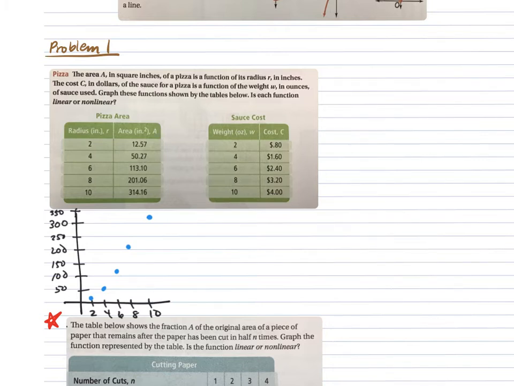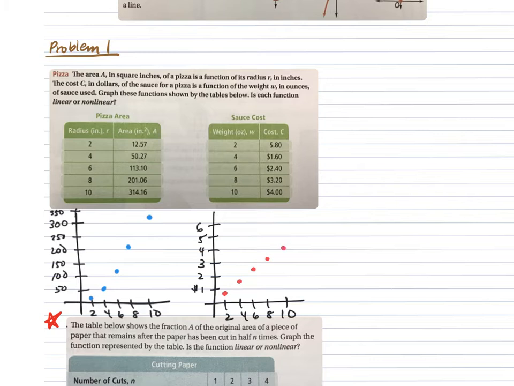Okay, and then let's do the sauce. All right, and here we can set up the W the same down here, and then here I just made each one $1. So then 2 is 80 cents, a little bit less than $1. 4 is 160, a little bit more than 150. 6 is 240, and look, this one's going to be linear.